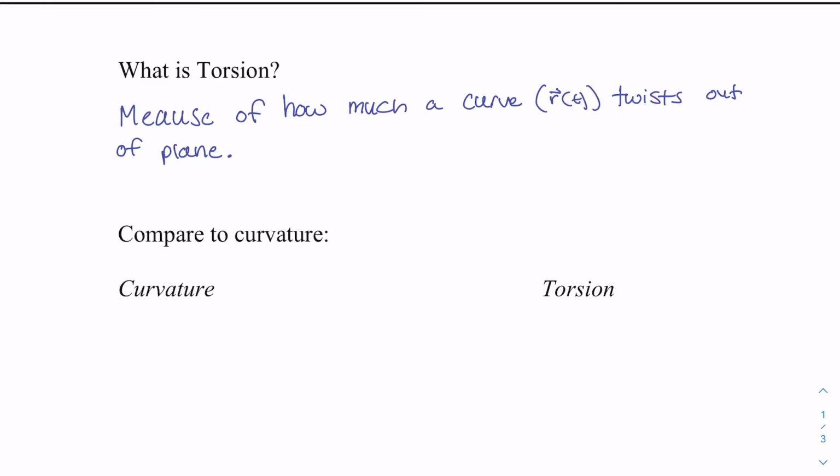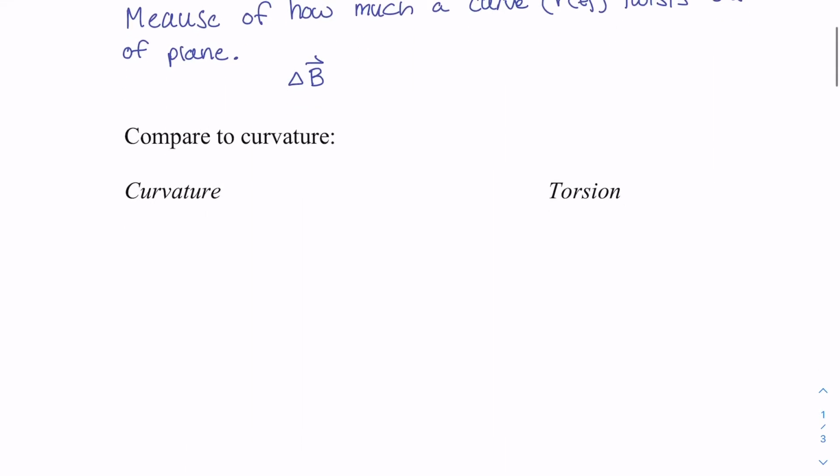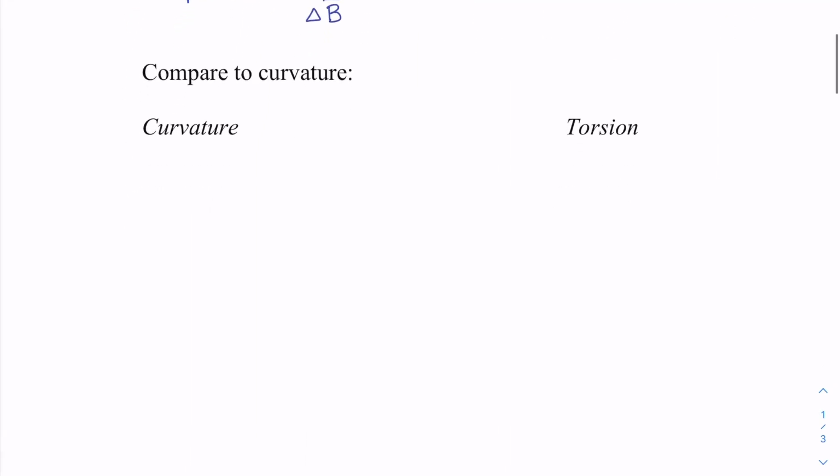But another way to write this is really just how much the binormal vector is changing. So it's the change in the b vector of that t, n, b frame that we've talked about. A way to think about torsion conceptually is like an extension of curvature into 3 dimensions. Curvature is also a measure of a curve, and it is really like a 2D concept.